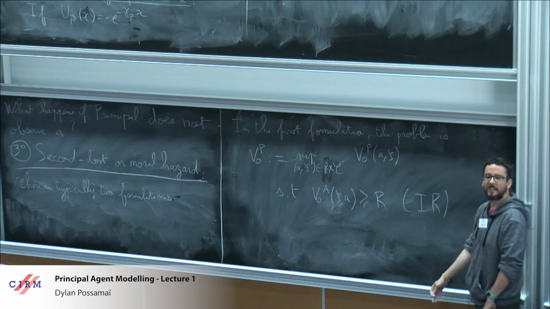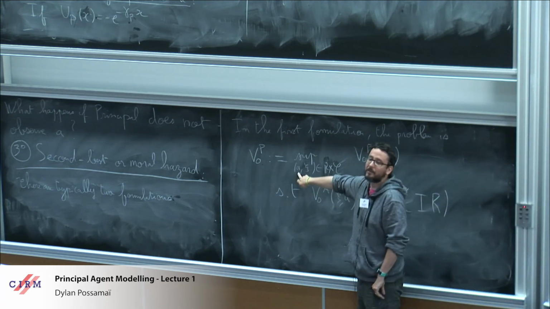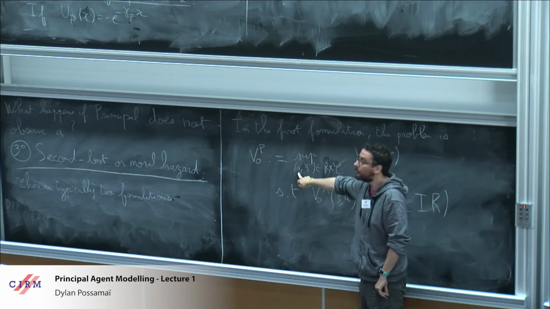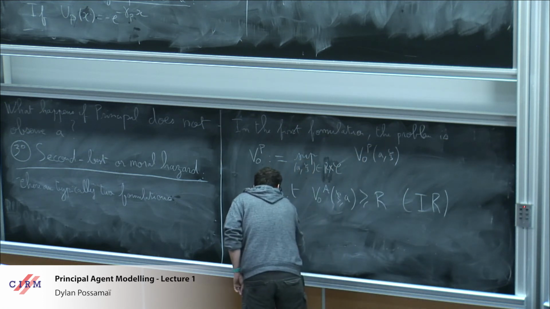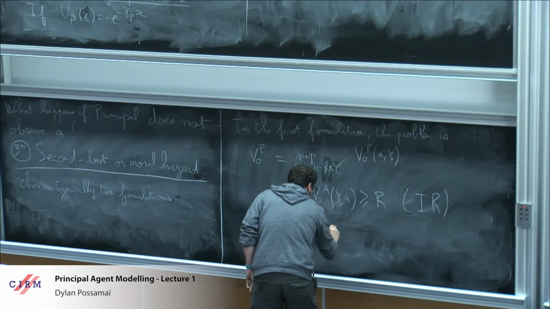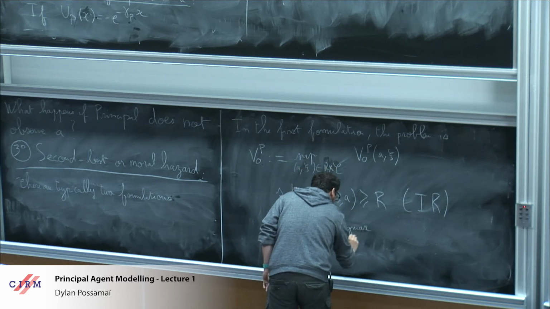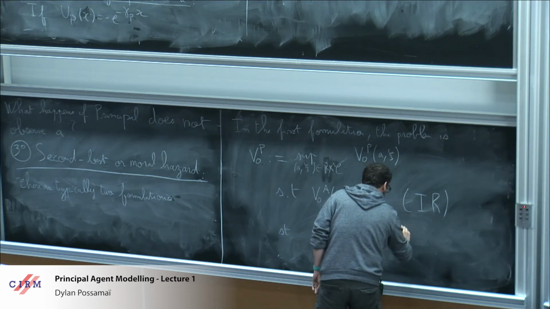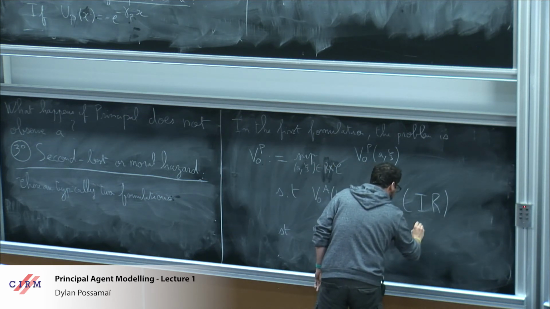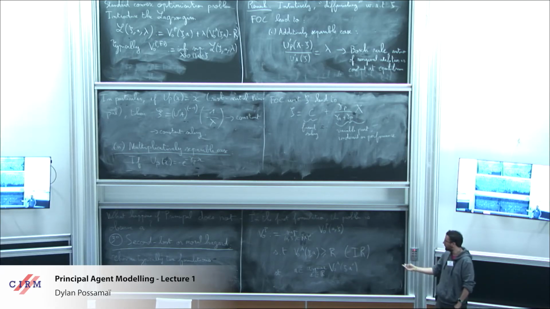And then I have the additional constraint that I mentioned. This can only be a recommendation of effort. And the agent will follow that recommendation if and only if the effort is in the argmax for that given contract.